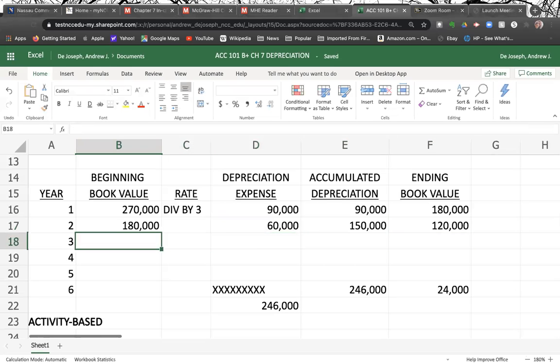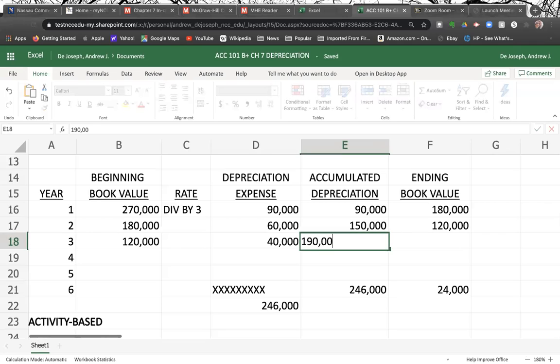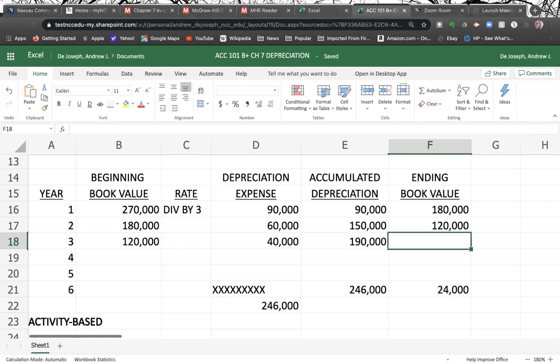Book value beginning 120 divided by 3, 40. 90 plus 60 plus 40, 190. 270 minus 190 is 80.